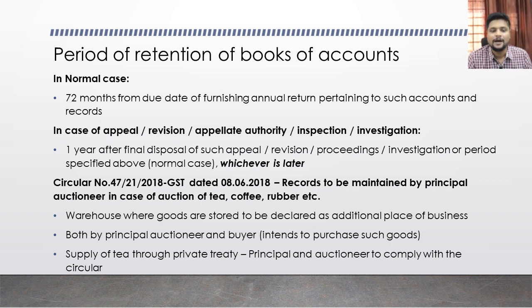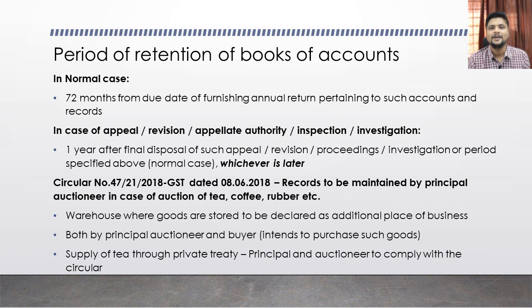In case of any appeal, revision, or any application to an appellate authority, or in case of any inspection or investigation, the Act particularly states that the books have to be kept for 1 year from the date of disposal of such appeal. For example, if I have applied for an appeal today and the appeal is disposed after 3 months, then from the date of disposal of that appeal, what is called disposal of appeal?